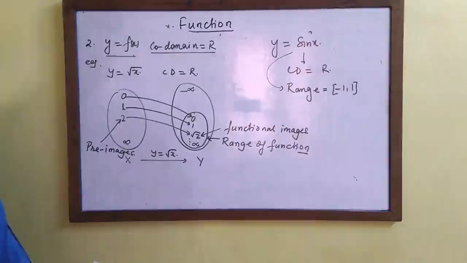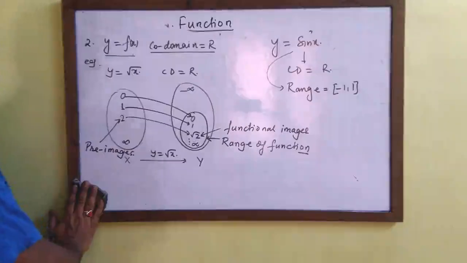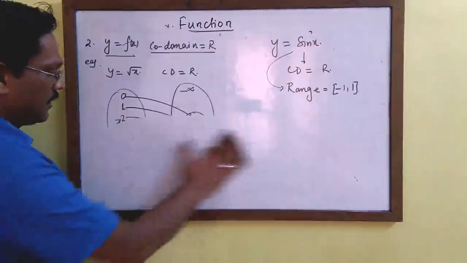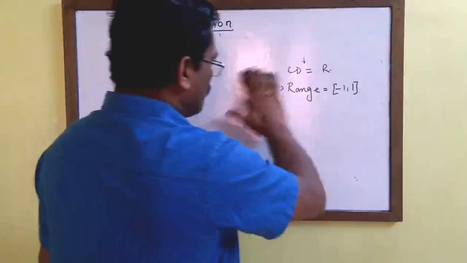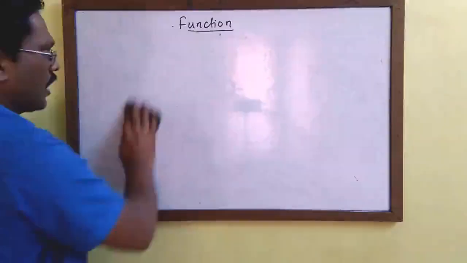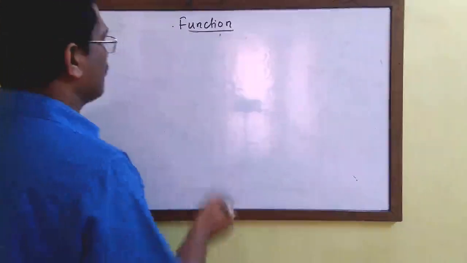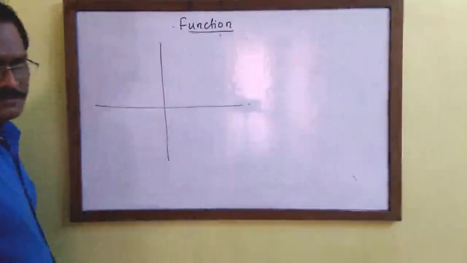Now, let us understand the geometrical interpretation of domain, codomain, as well as range. Now, how do we draw a graph of any function? We draw the graph of any function by plotting the x coordinates and y coordinates.